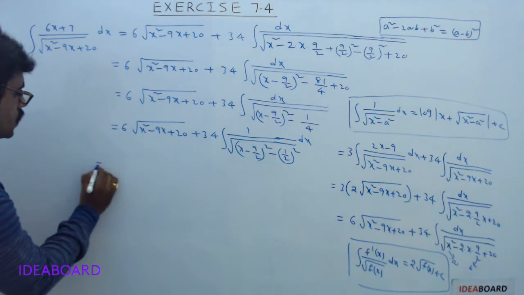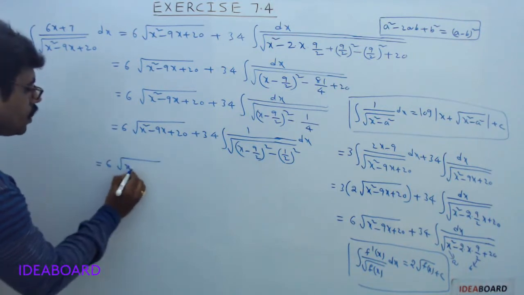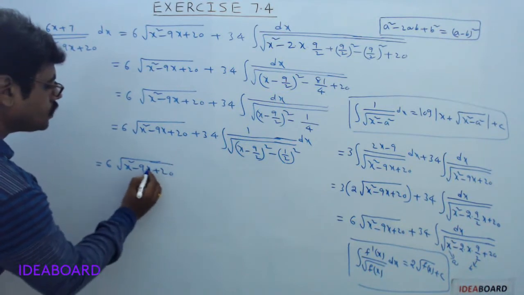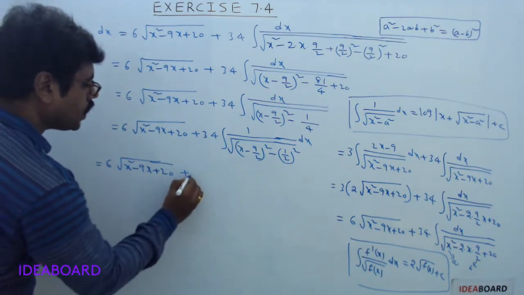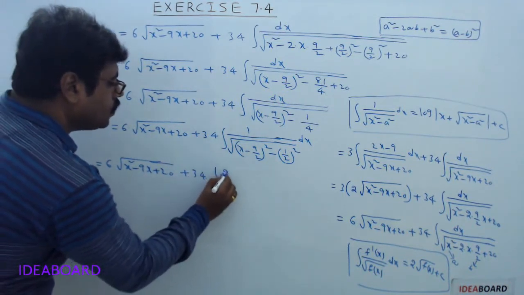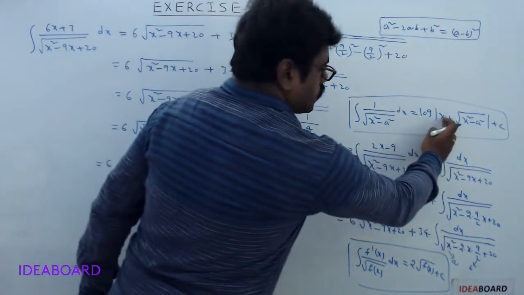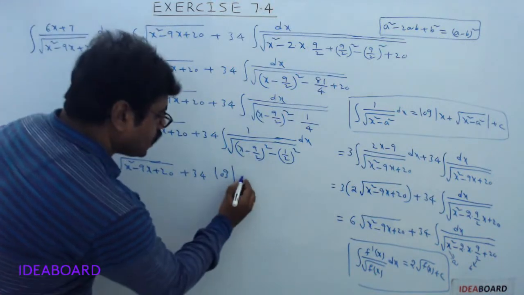This is 6 into square root of x square minus 9x plus 20 plus 34 into log mod x. What is x here? X minus 9 by 2.